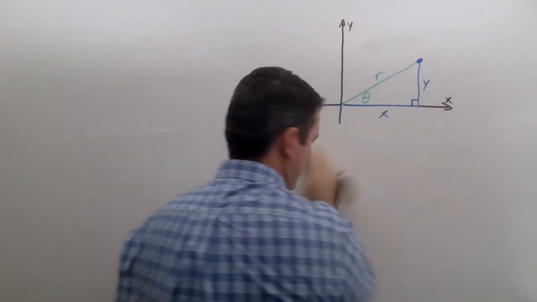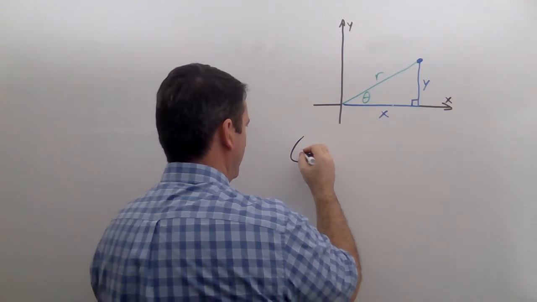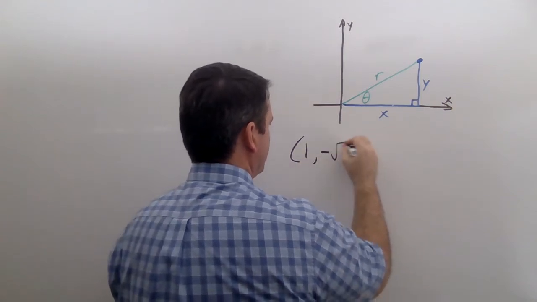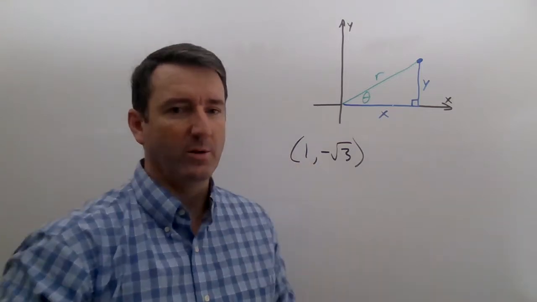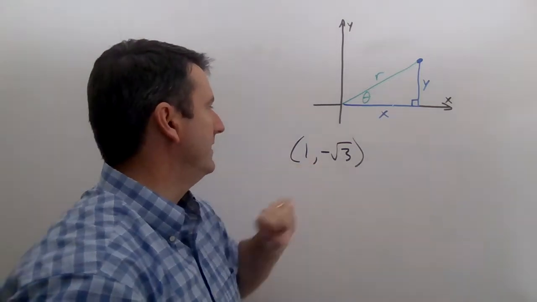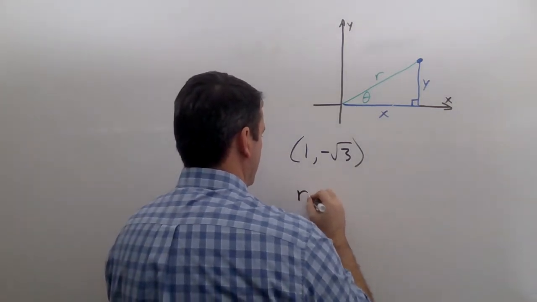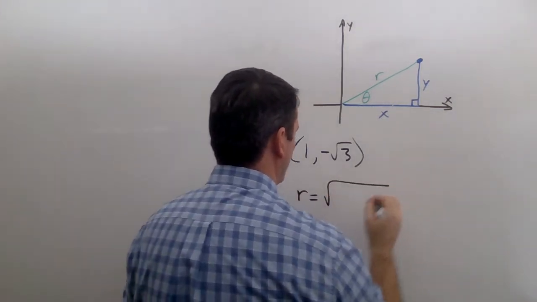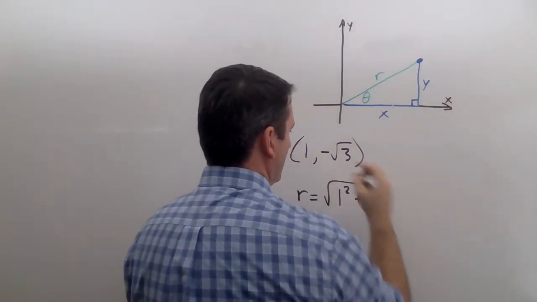So our example problem was we want to convert the point (1, negative square root of 3) from rectangular coordinates to polar coordinates. So x is 1, y is negative square root of 3. So r is going to be equal to the square root of x squared plus y squared.